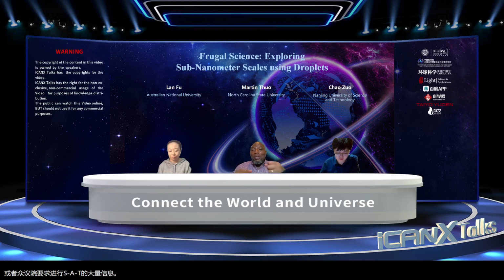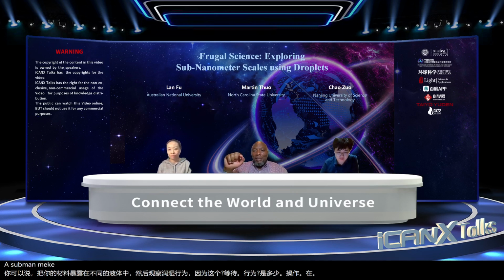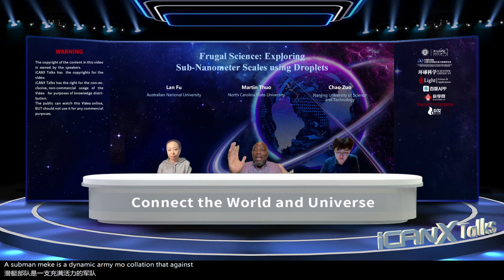You can actually expose your material to different liquids, and you look at the wetting behavior. And because that wetting behavior is operating at a sub-nanometer scale, it's a thermodynamic molecular equilibration that gets manifested in macro scale, you should be able to pull information out of it that is going to tell you about the behavior of your material. That's my actual question.